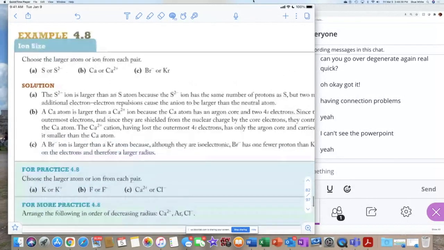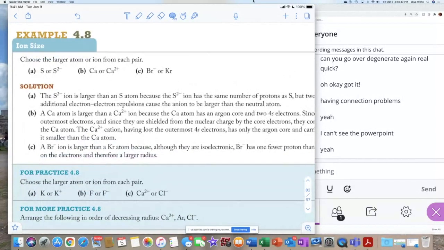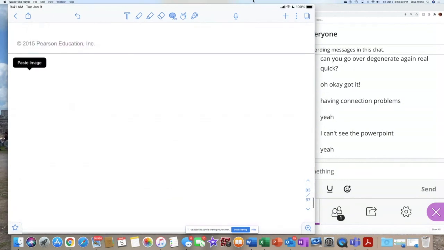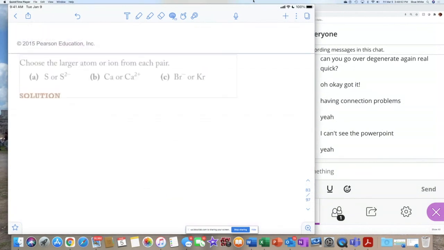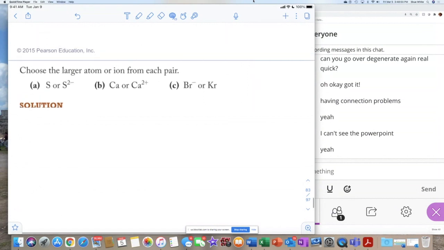Okay. Here, choose the larger atom or ion in each pair. So we have sulfur versus sulfur 2 minus.